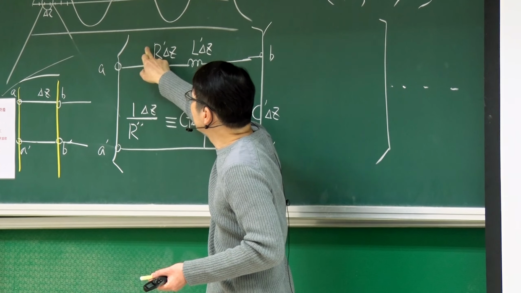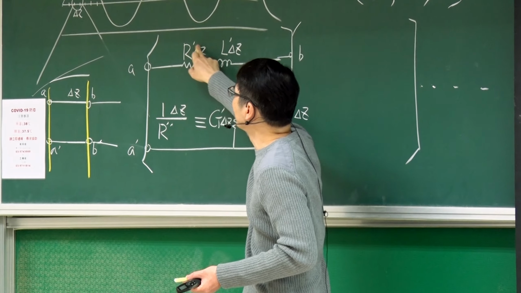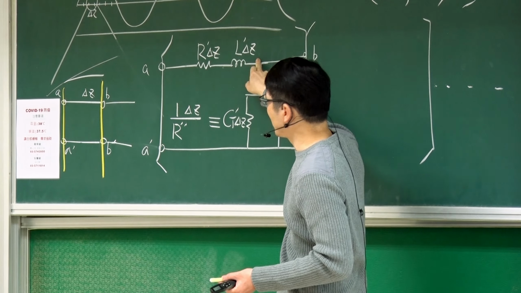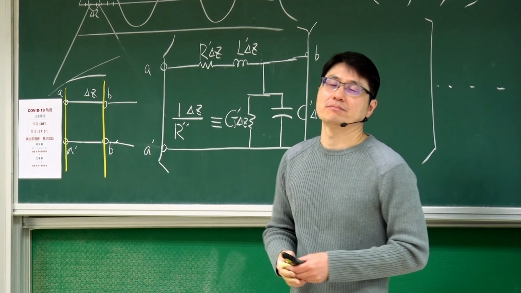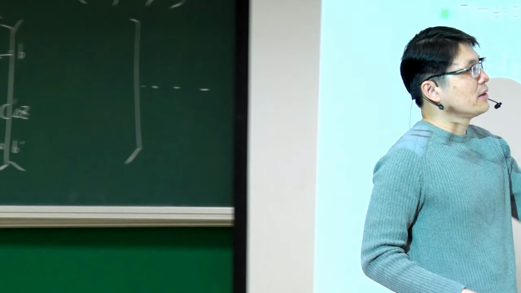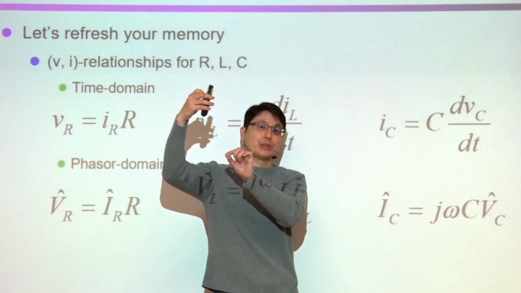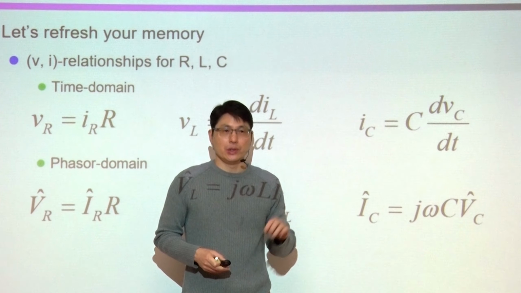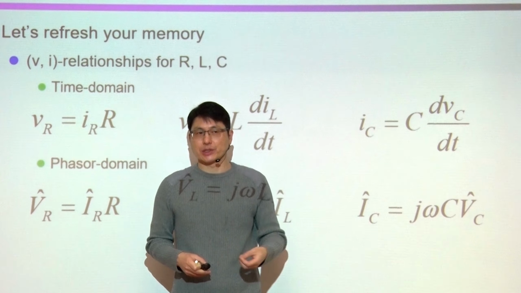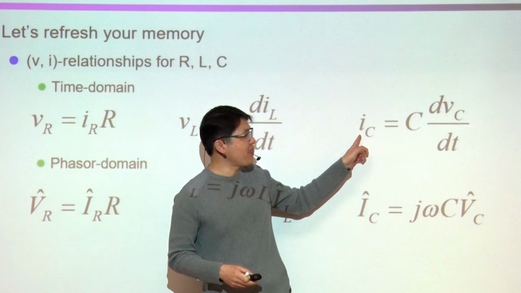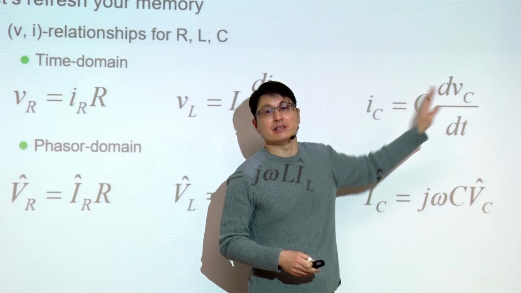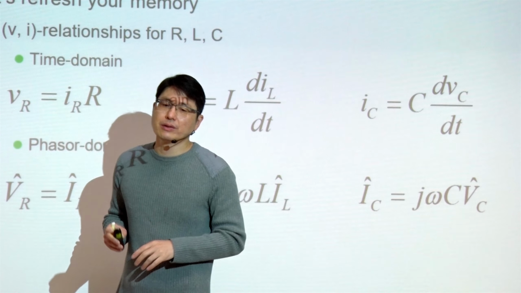So when it meets the resistor, you will have voltage drop, right? If you have a capacitor connecting between the two wires, you can have some kind of current drawing functionality, and that current is C dV/dt. That's something you know already.